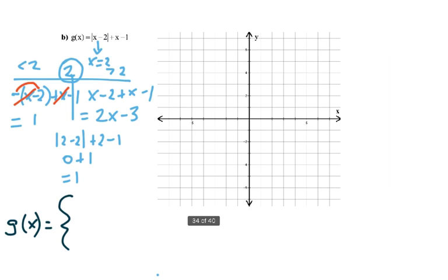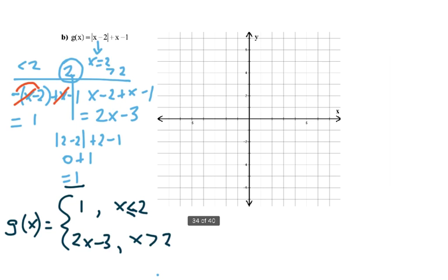Let's say the function is equal to 1 when x is less than 2. And actually we checked the value at 2 was also equal to 1, so we could say x is less than or equal to 2, the function value is 1. And then it's 2x minus 3 if we have x bigger than 2.